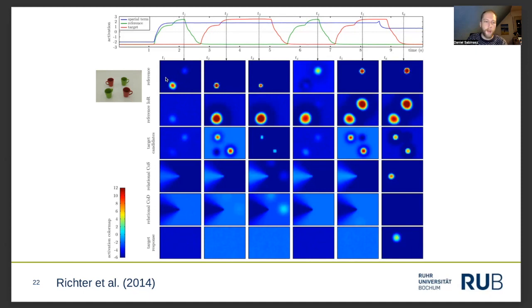So we have seen that the formation of a peak in the target response field essentially signals that the phrase has successfully been grounded. So this demonstrates that this architecture is in fact able to ground arbitrary spatial phrases composed of color terms and spatial relation terms.